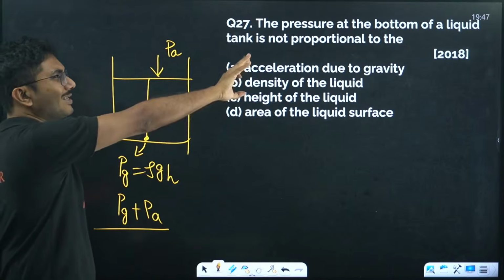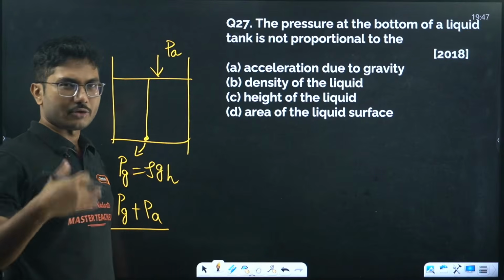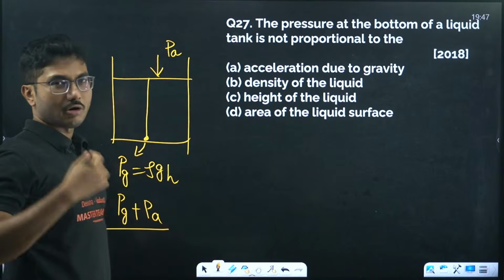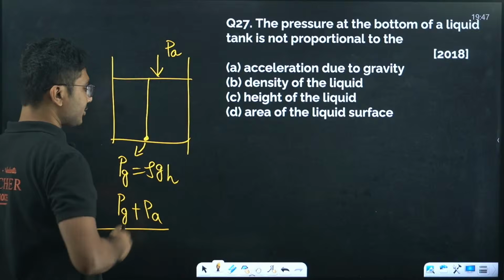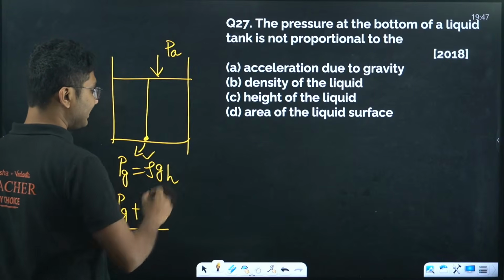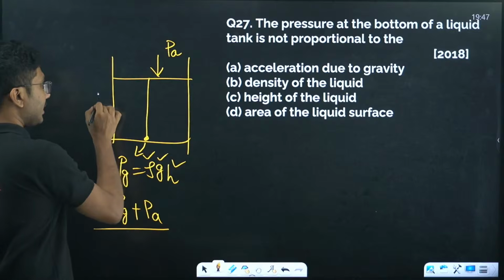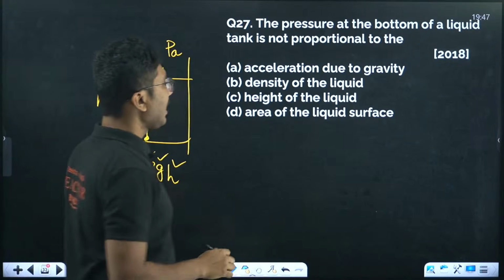Okay, now here they have not mentioned whether it is gauge pressure or total pressure. Anyway, whether you calculate the total pressure or gauge pressure does not matter. It depends on density, depends on gravitational constant, depends on depth. Here h is the depth, not height.